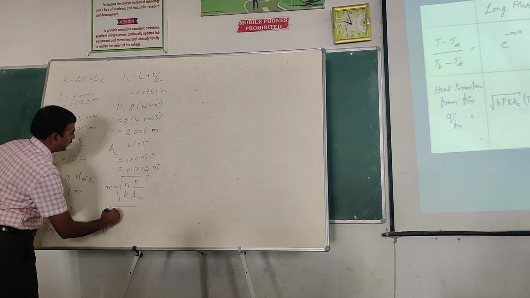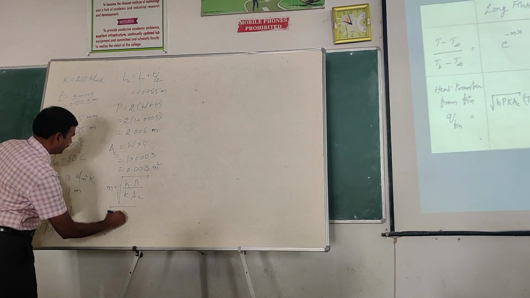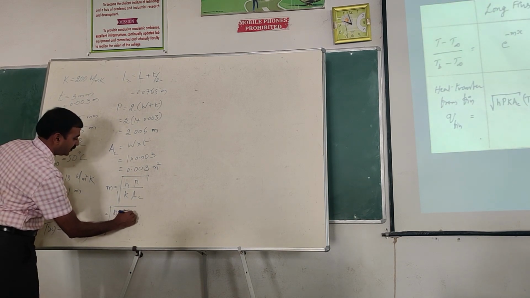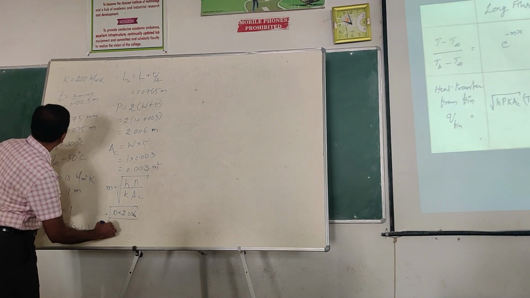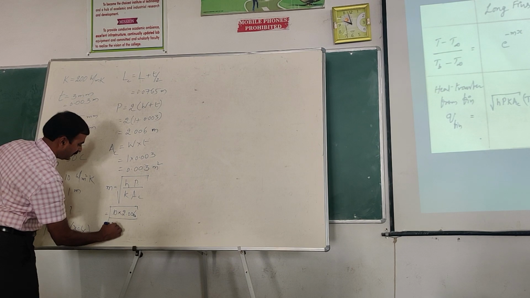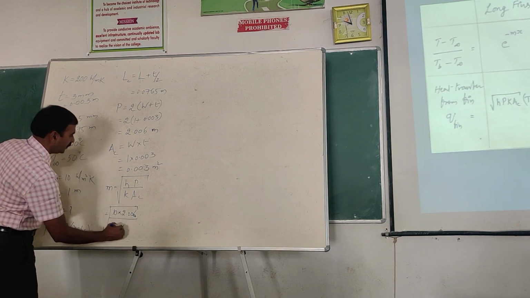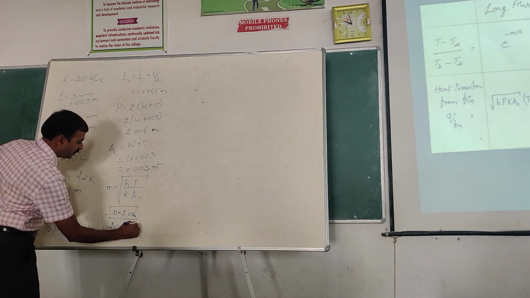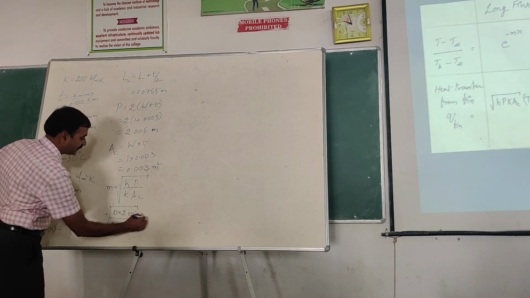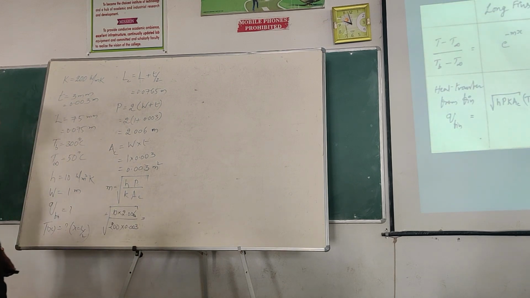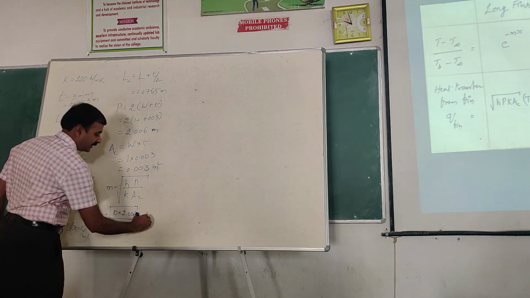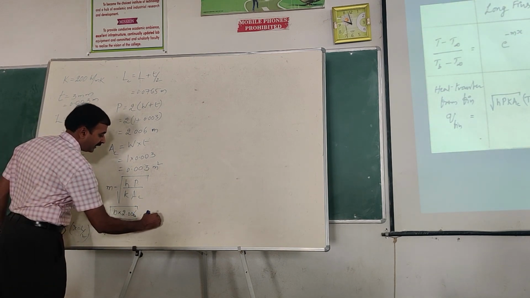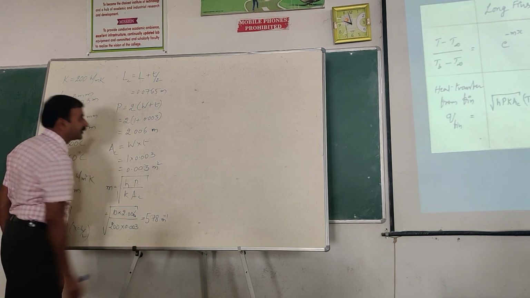Square root of 10 into 2.006 divided by 200 into 0.003. That is 5.78 meter inverse.